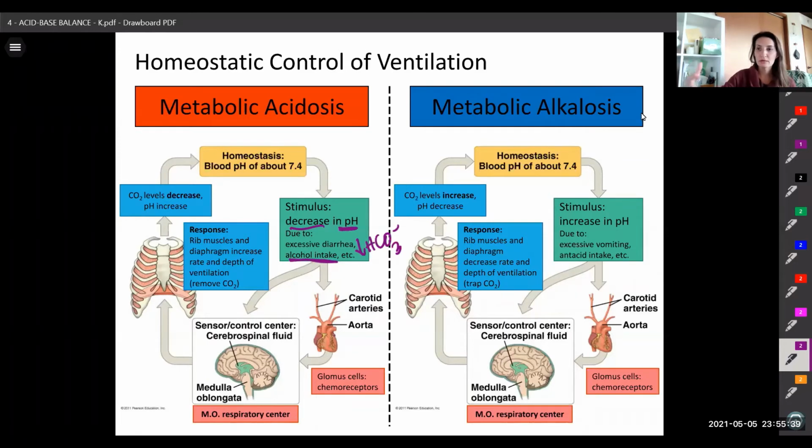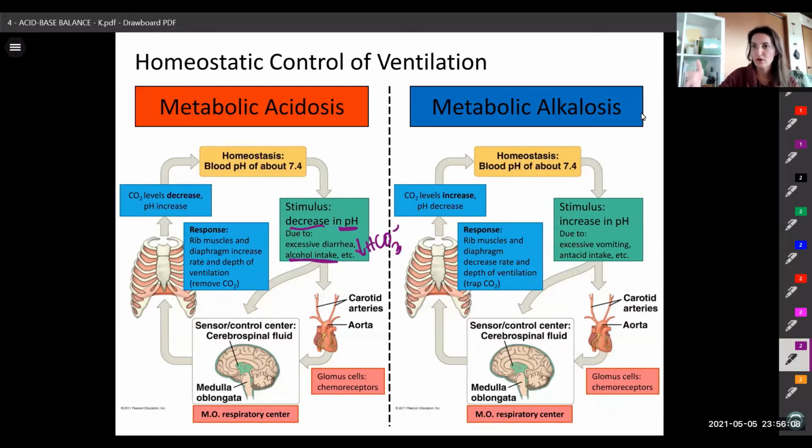And within our body, we have various types of chemoreceptors that respond to partial pressure of CO2 and hydrogen ion concentrations. Some respond to partial pressure of oxygen. We have what are called glomus cells nearby our baroreceptors that are found on the aortic arch and the carotid arteries, that sense partial pressure of oxygen, CO2, and hydrogen ion concentration.